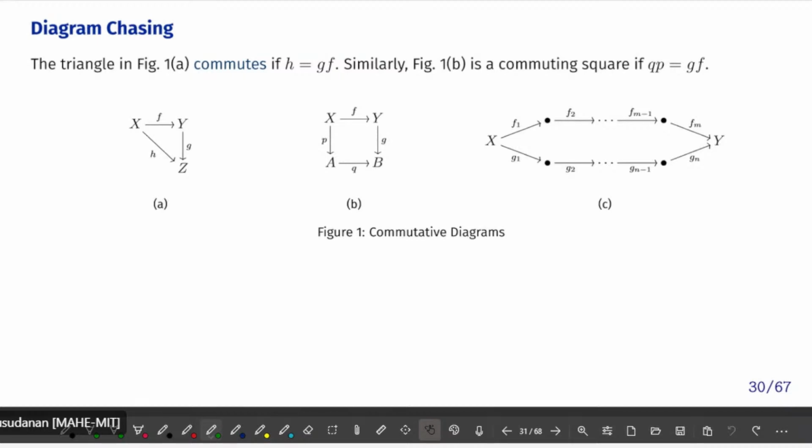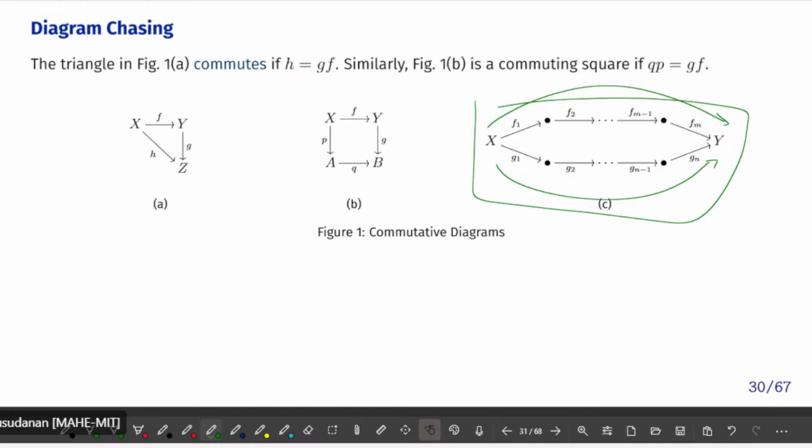You have to do it. That property. Parallel paths.